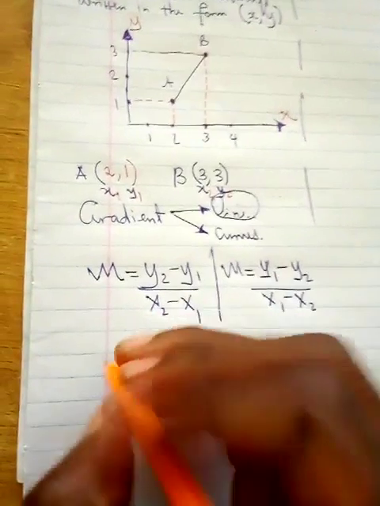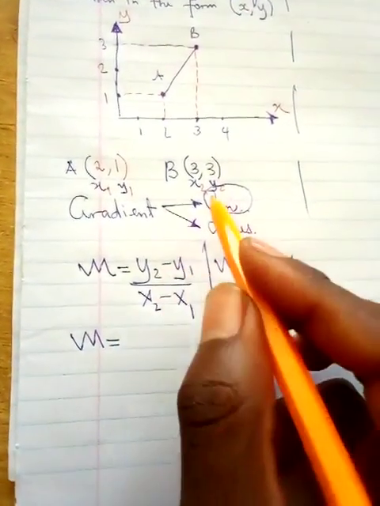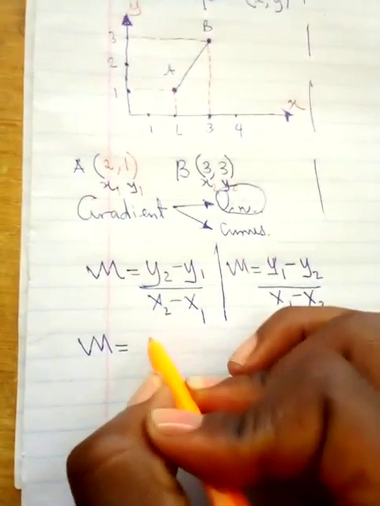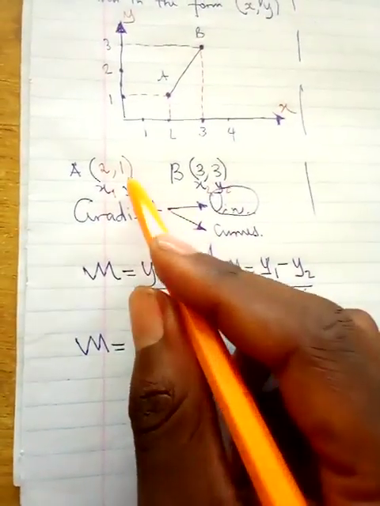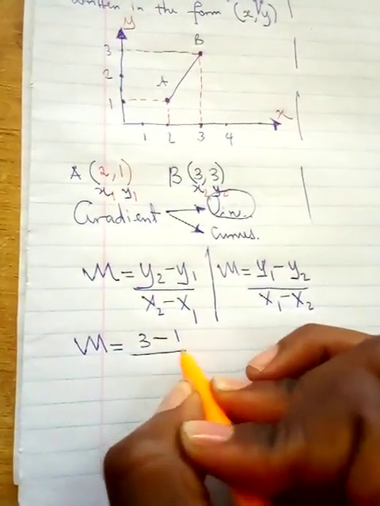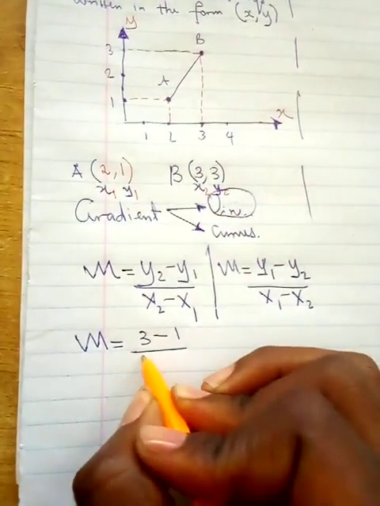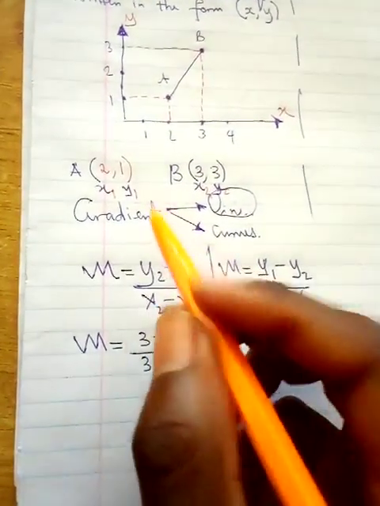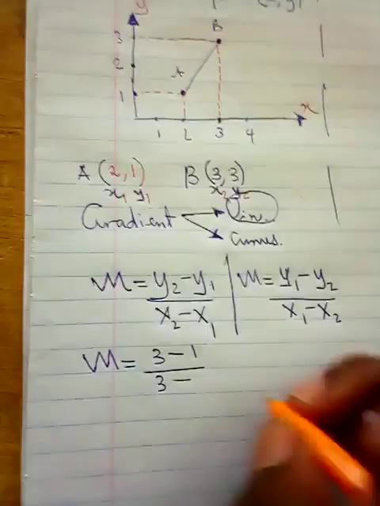So if you want, you can write it in this way, or in that way. So m will be equal to, your y2 is 3 minus your y1 is 1, so 3 minus 1, over your x2 is 3 minus your x1 is 2, as we had written there.